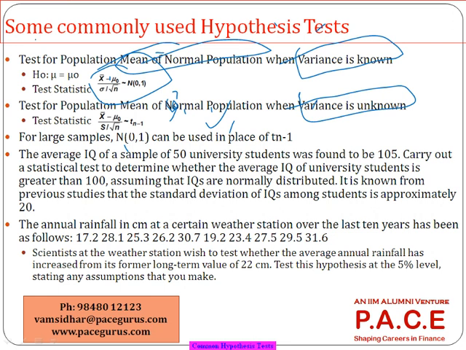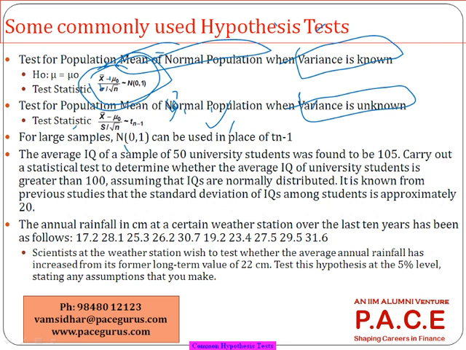We know that sigma means the population standard deviation, and now that we have said that it is known, we can divide it by root n. This entire quantity, x bar minus mu naught by sigma by root n, follows a normal distribution with mean 0 and variance equal to 1.